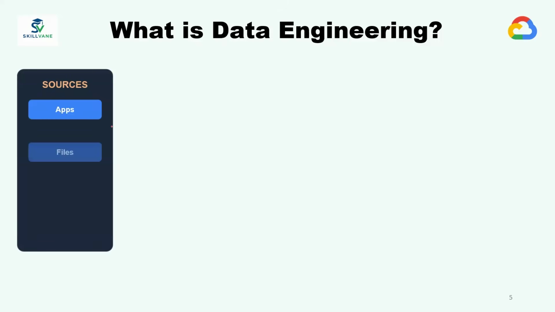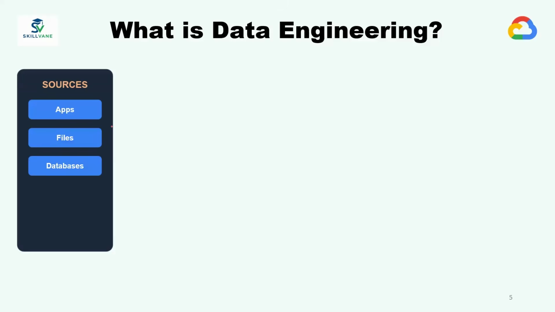There is data that is coming in the form of files also. When you go to any kind of firms, usually they store the data in the form of files, such as a CSV file or a JSON file or an Excel file. Some companies store their data in databases, such as a MySQL database or a SQL Server database or a PostgreSQL database.